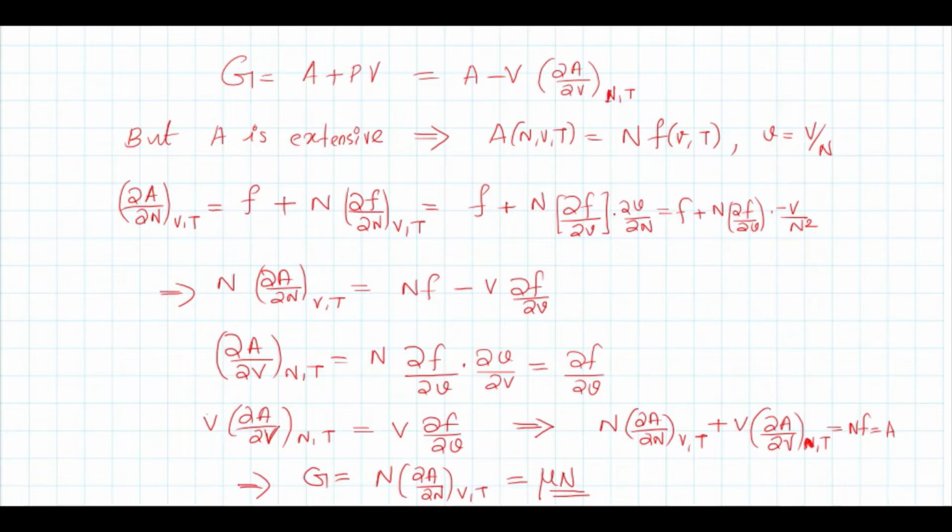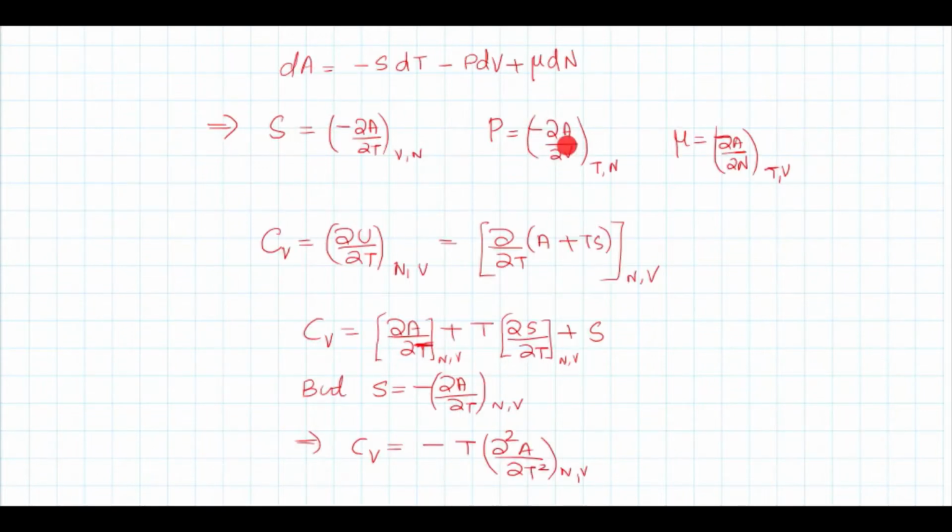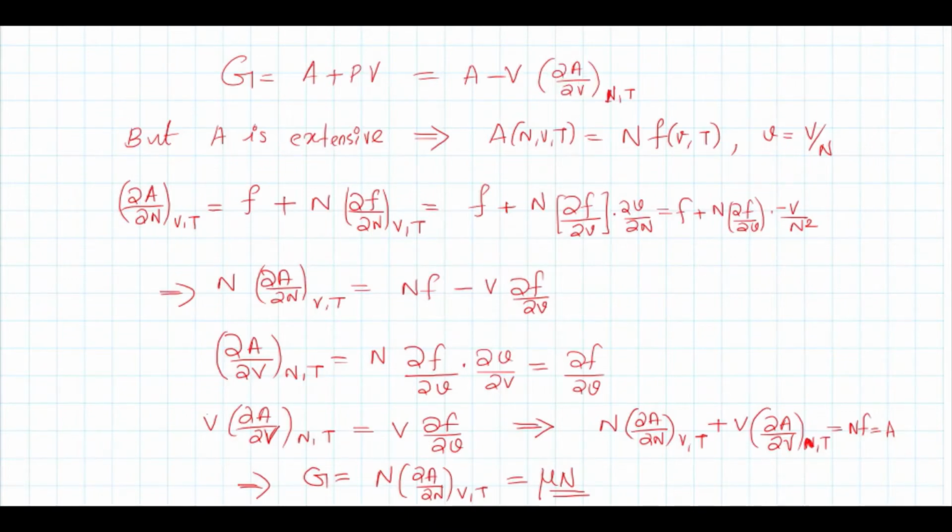Now, Gibbs free energy G is A plus PV. Again, substitute for P from this relation, minus dou A by dou V at a constant T and N. So substitute here. That will give you G is equal to A minus V into dou A by dou V at a constant N and T. But A is an extensive quantity.